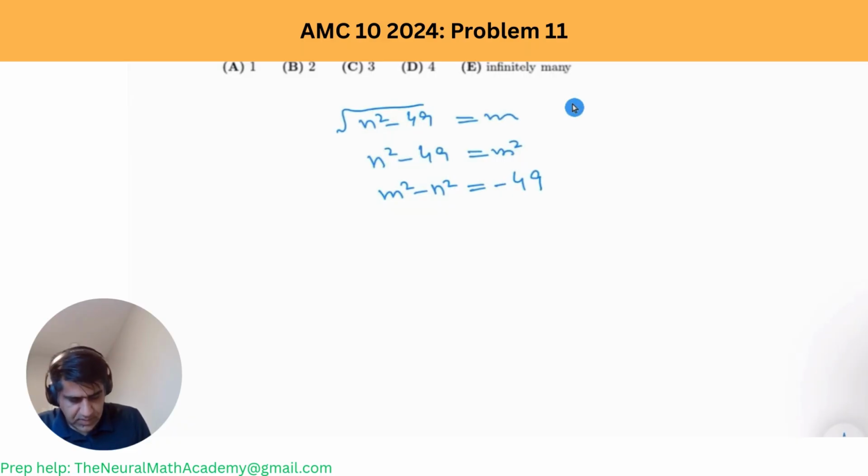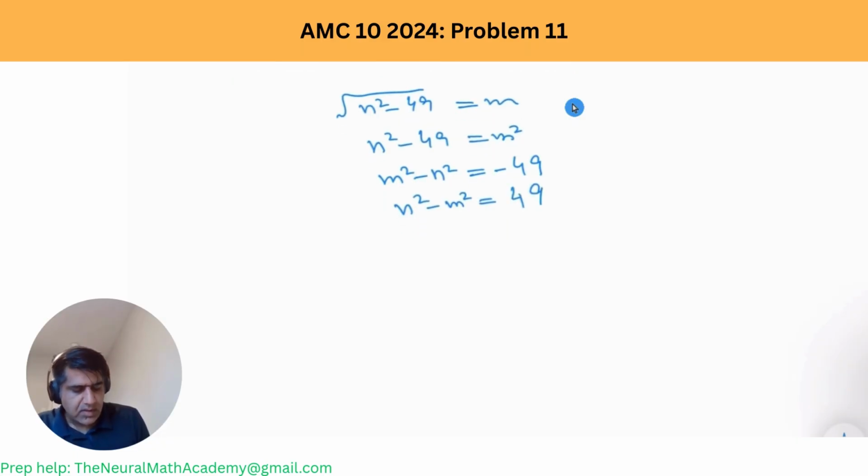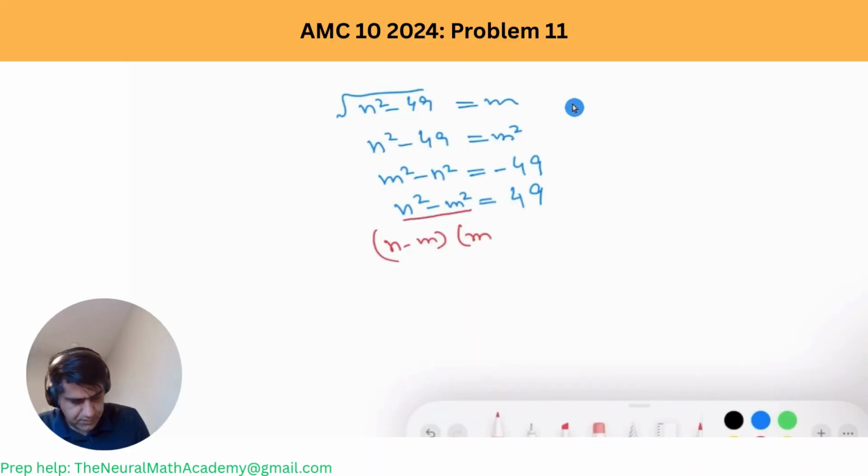Or I can write it like this. Now we see that this is a difference of squares, right? We can set it up like that. So I can write n minus m and n plus m equal to 49.